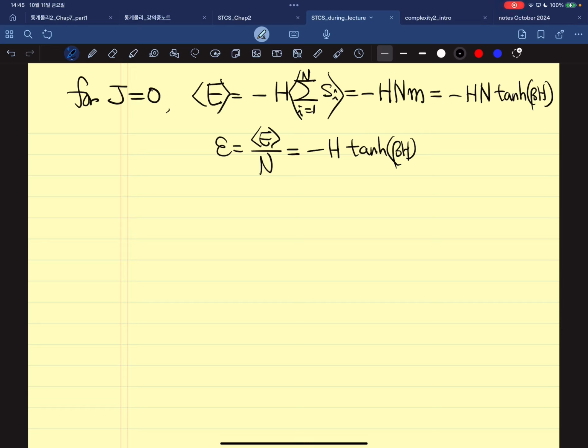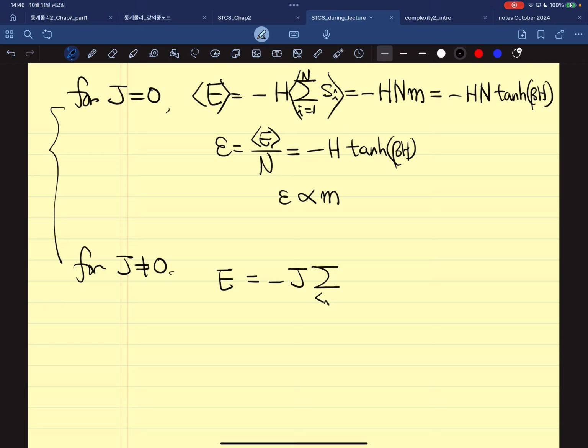So this average energy is directly proportional to magnetization in the case of the non-interacting spin. But for interacting spin, or the genuine Ising model, it's not possible to have this simple thing, because now we have to calculate this one.